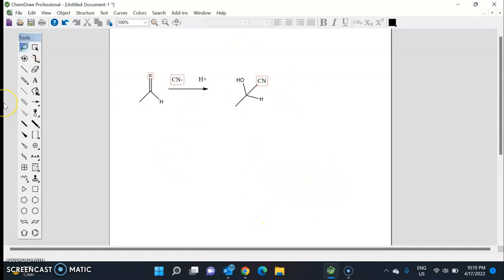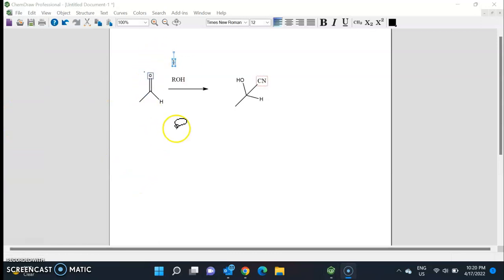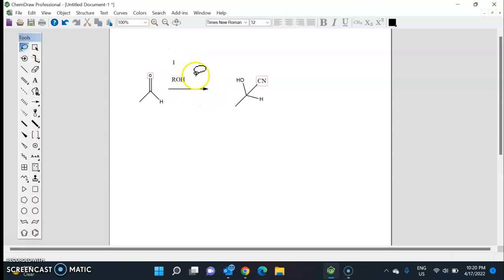We could also react this aldehyde with an alcohol, and if we have one equivalent, it will make this compound.